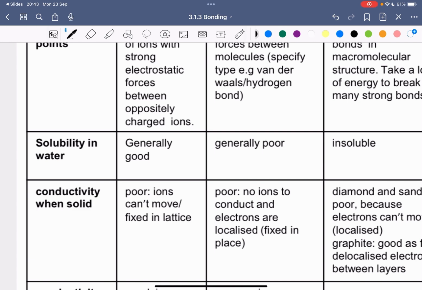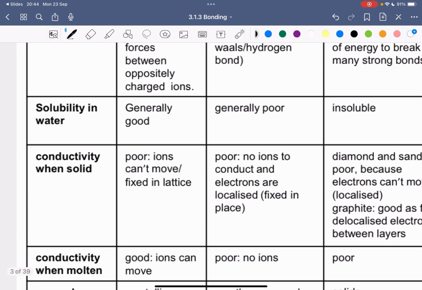So basically, to carry a charge, you have to have a charge yourself, essentially. So you have to either be an electron or an ion. However, covalent compounds don't really have charged particles, so that's why they can't carry around charge. Same thing when they're molten, still no ions or delocalized electrons to carry around the charge.